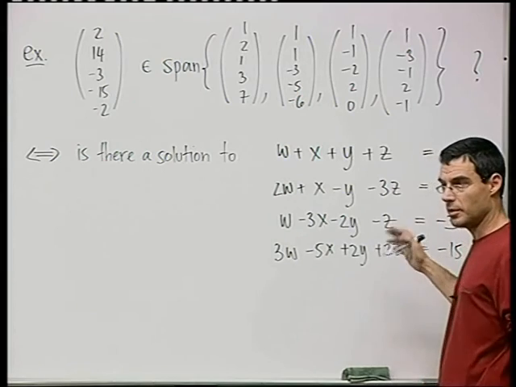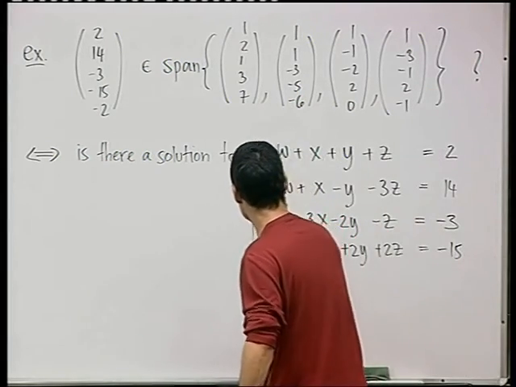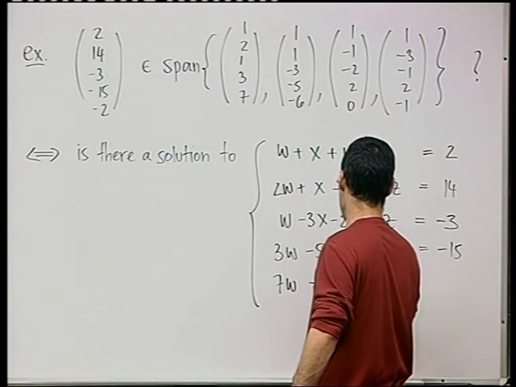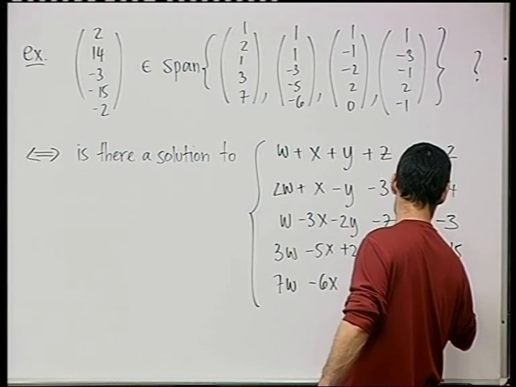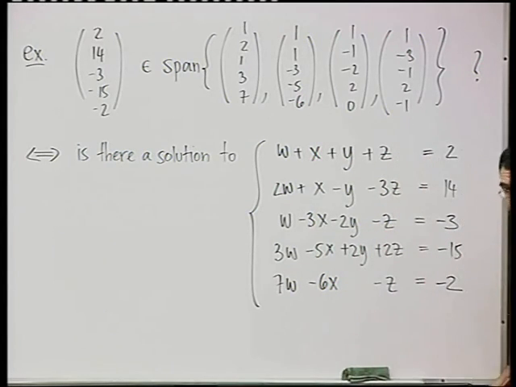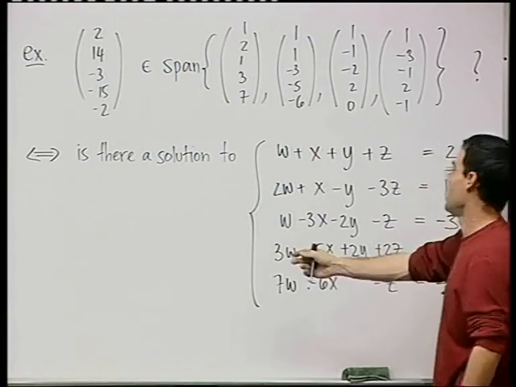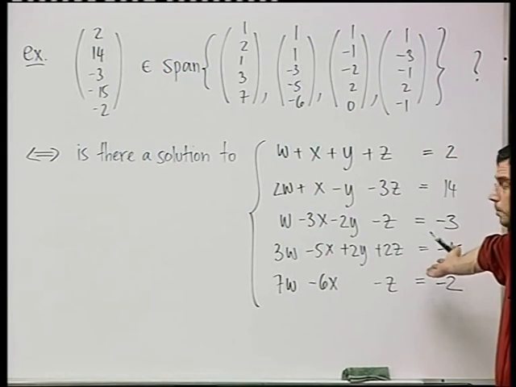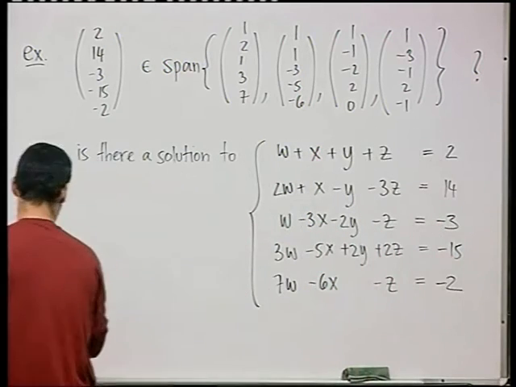Is everybody following how I'm getting these equations? And finally, 7w minus 6x, no y's, minus z equals negative 2. And this you need to solve. Write the augmented matrix, the coefficient matrix, the column. Start doing row operations. There are going to be quite a few of them just because it's a big matrix, right? And answer.